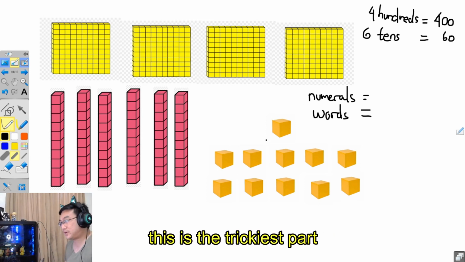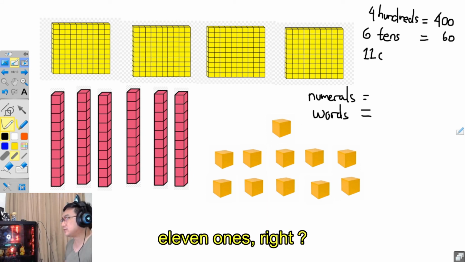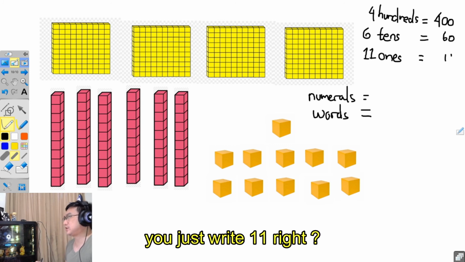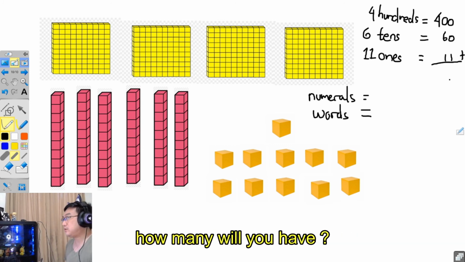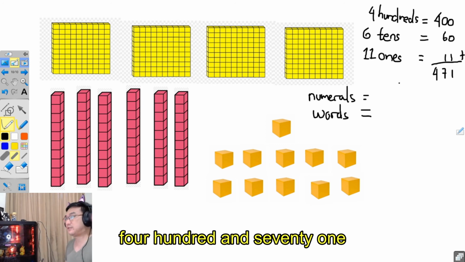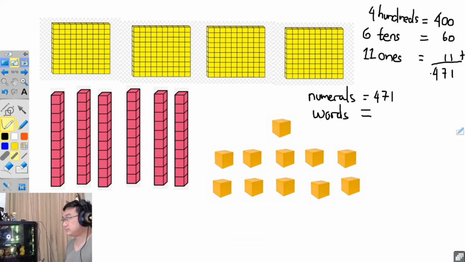This is the trickiest part. Actually, you see 11 ones, right? So how can you write 11 ones? You just write 11, right? So when you add them all together, how many will you have? This is 1, this is 7, this is 4. 471. So this one is 471.